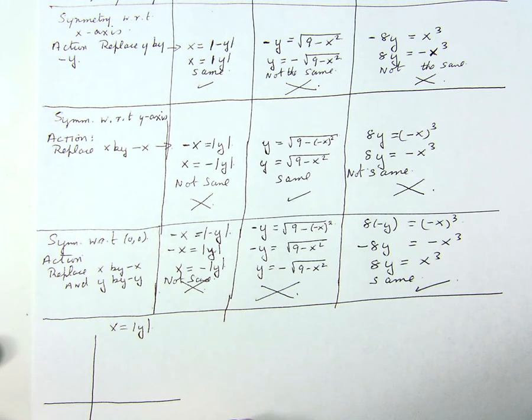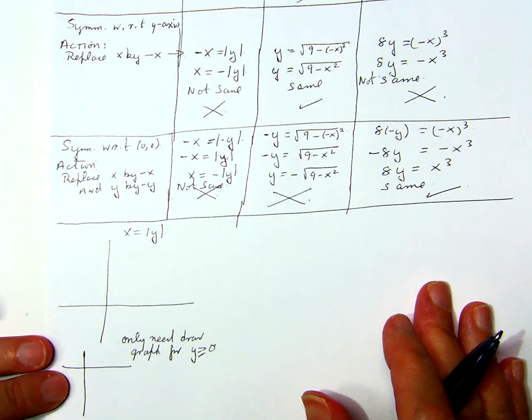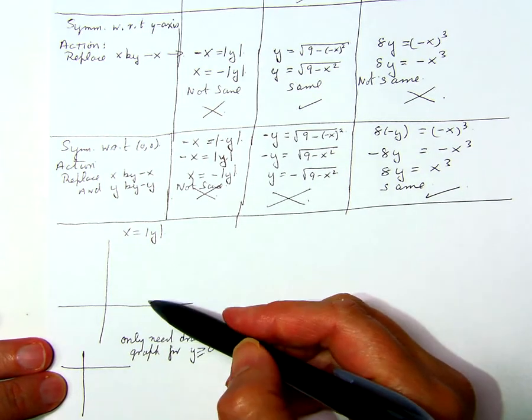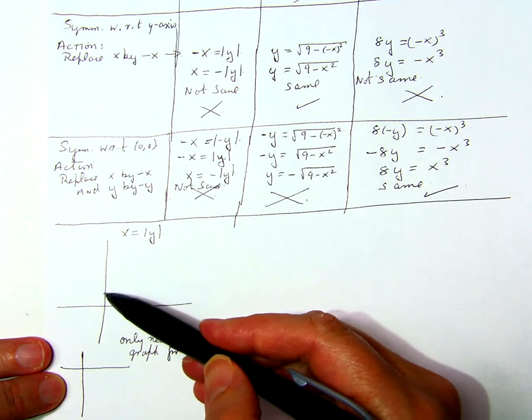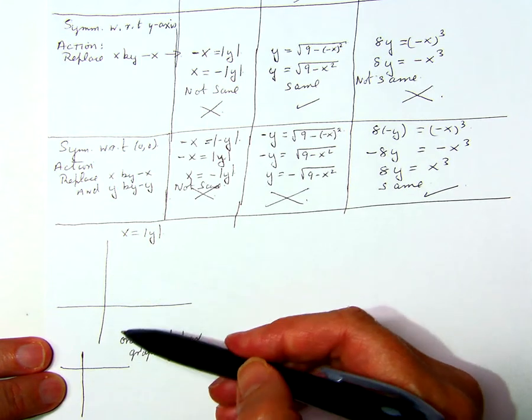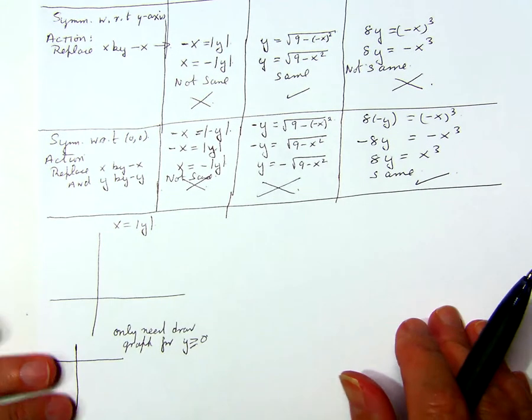So I only need draw the graph for y greater than or equal to 0, let's say. Because it has symmetry with respect to the x-axis, if I draw the top half of the graph, I can just fold it over the x-axis to get its reflection and the second half of the graph.